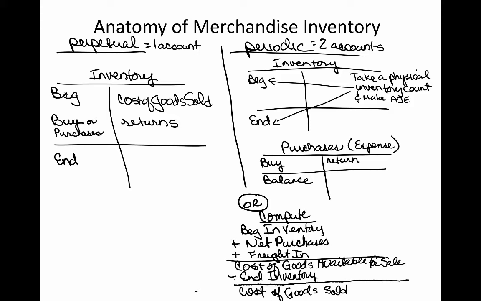At the end of the period, notice that under periodic you must compute cost of goods sold. So it's the physical inventory that you took, plus everything you bought, plus any freight, gives you the cost of the goods available for sale. Subtract the physical inventory that exists at the end of the period, and the difference must be the cost of the goods you sold.